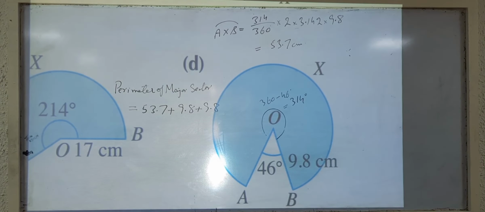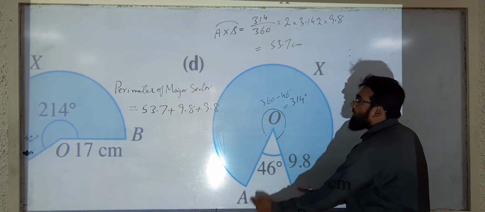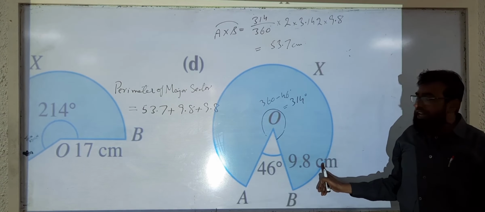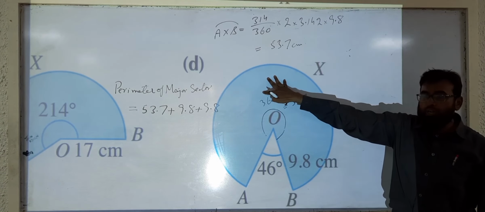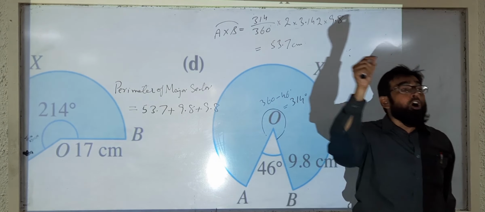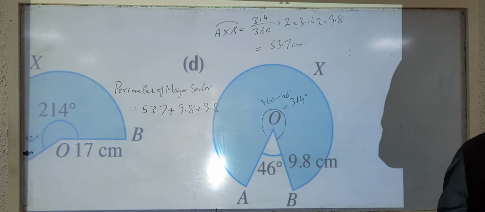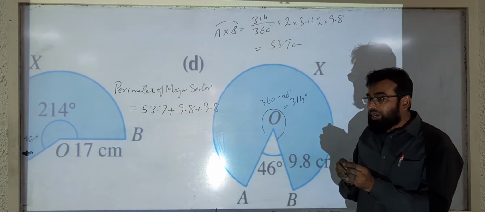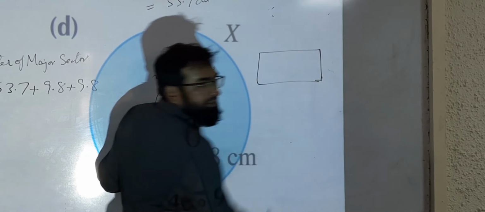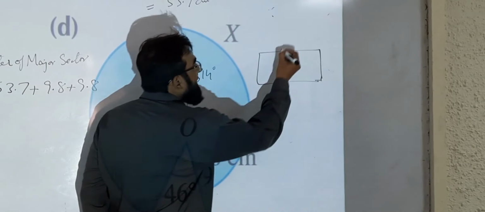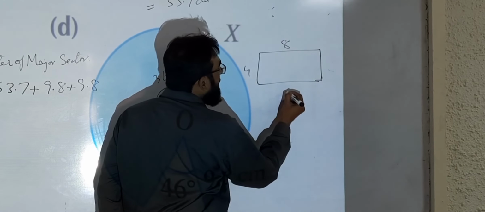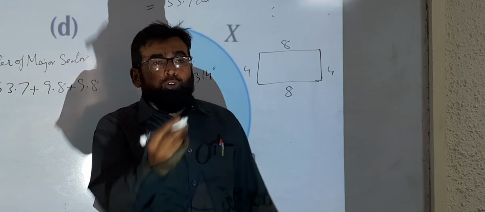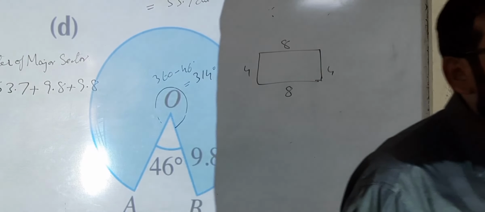Getting this? Did you understand what perimeter means? Perimeter means the outer boundary of the shape, these blue lines around this blue shape. So you will have to see all the lines. It is very important, because normally students get confused while finding the perimeter. If I have a rectangle with sides 8, 4, 8, 4, how to find the perimeter of the rectangle?